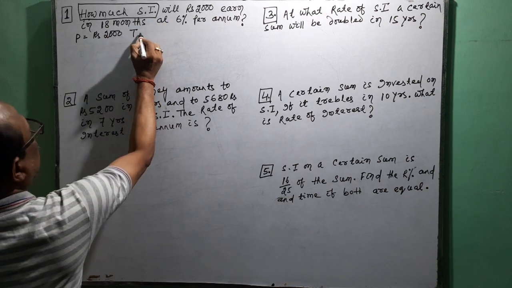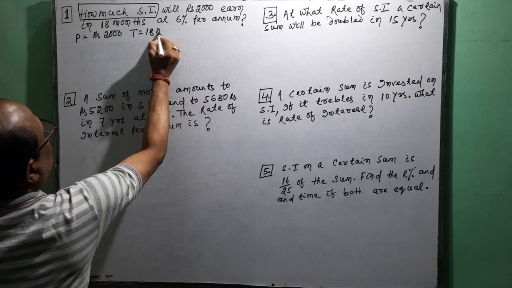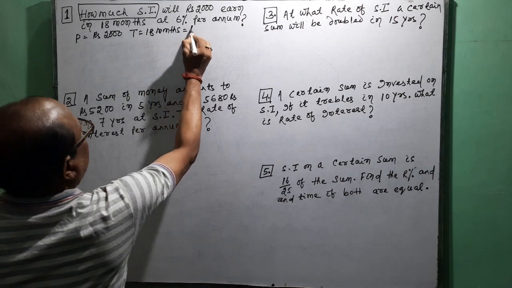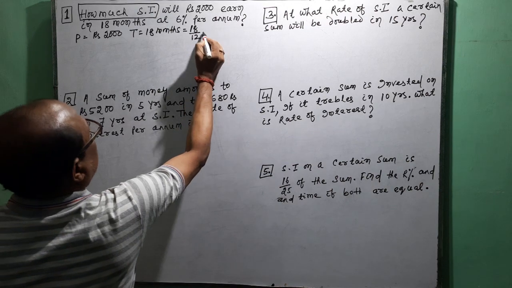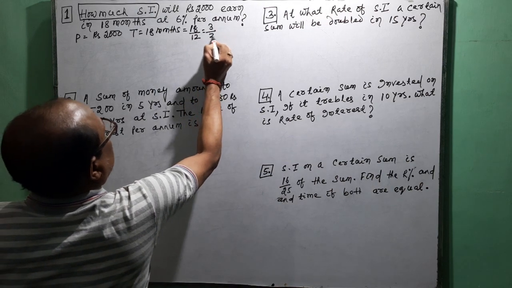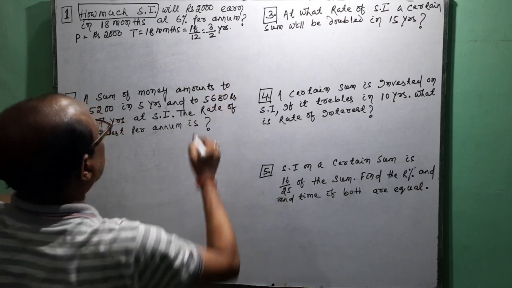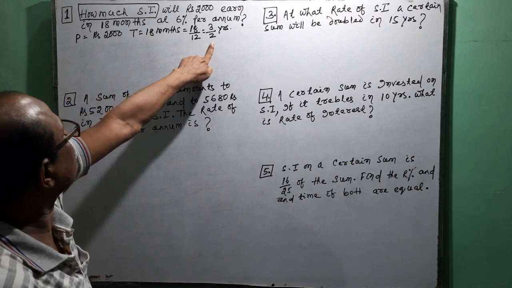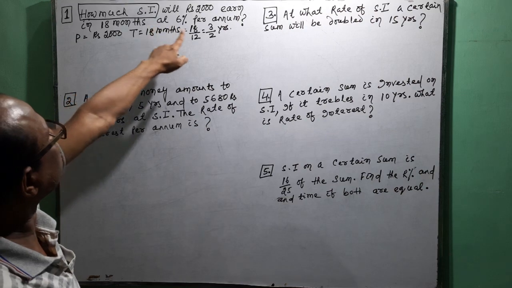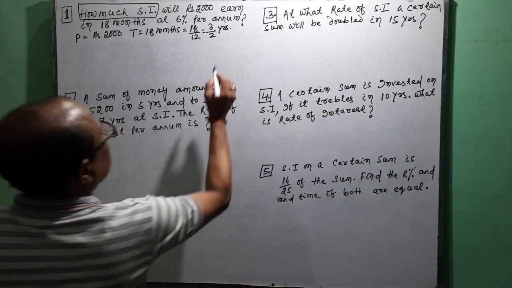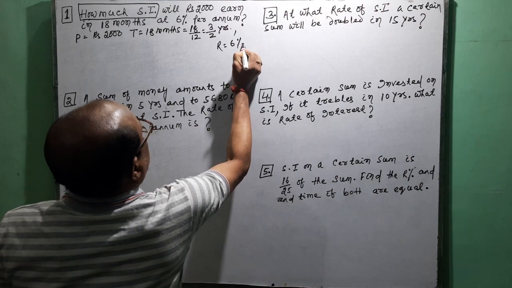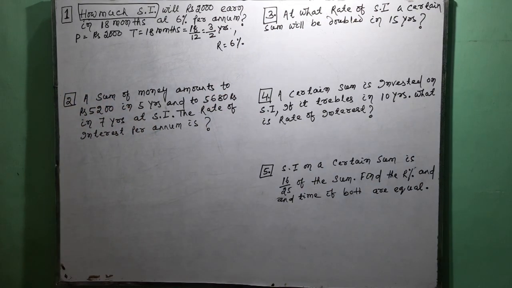T is equal to 18 months, which is 18 by 12, equal to 3 by 2 years. Months divided by 12 gives years. The rate of interest is 6%. Then you find out how much SI.